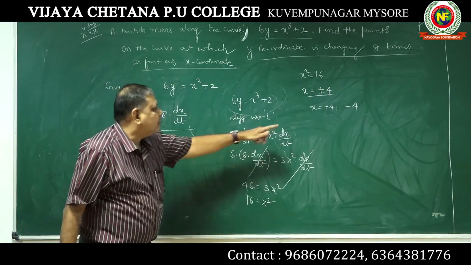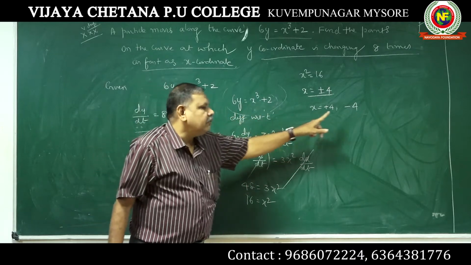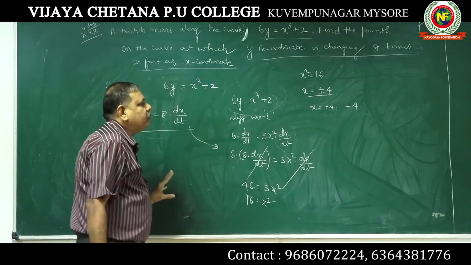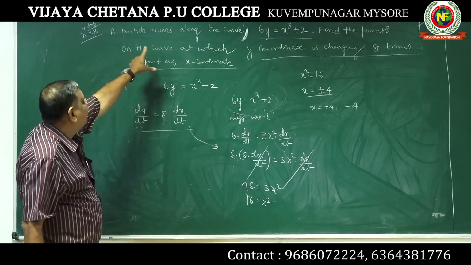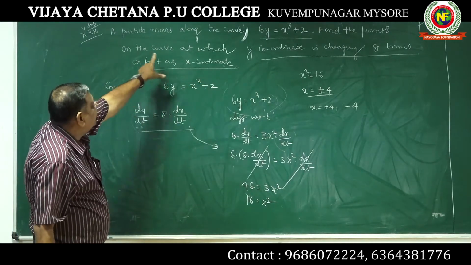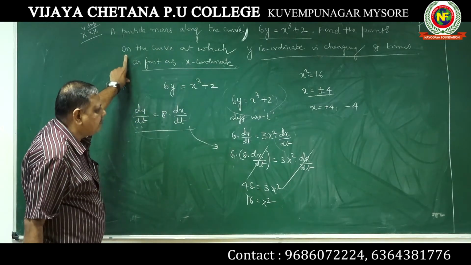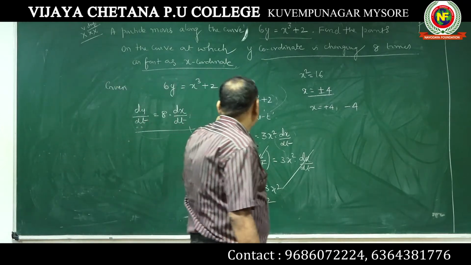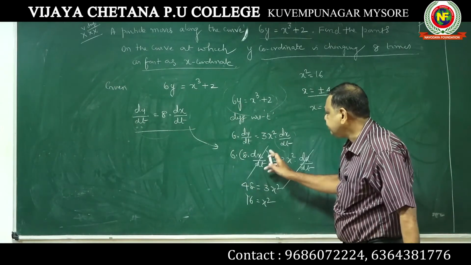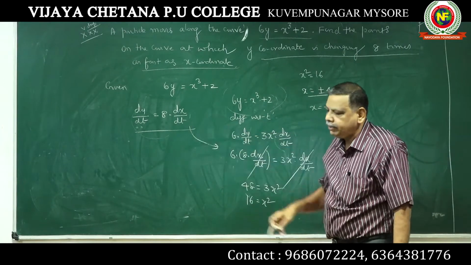Take x equal to 4, find out y. Take x equal to minus 4, another y. Two points are there. That is what they are asking. Find the points on the curve. So you follow this differentiation, we have substituted dx by dt because it is given 8 times dx by dt.